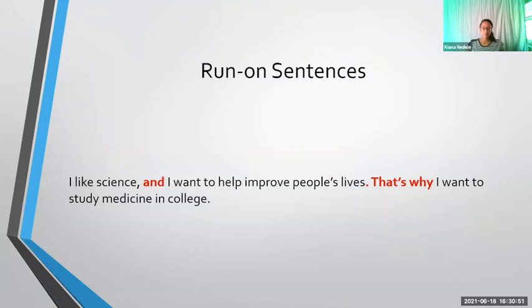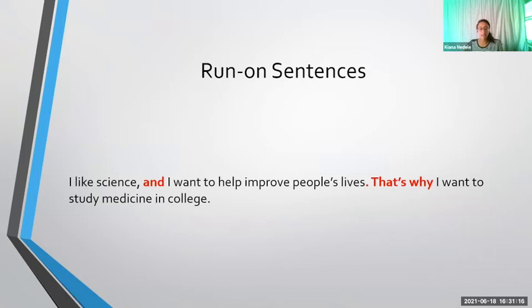The third part of the sentence is, I want to study medicine. The first two parts of the sentence are both reasons why I want to study medicine. So it makes sense to put the reasons together, science, improve lives, and then start a new sentence with our result.